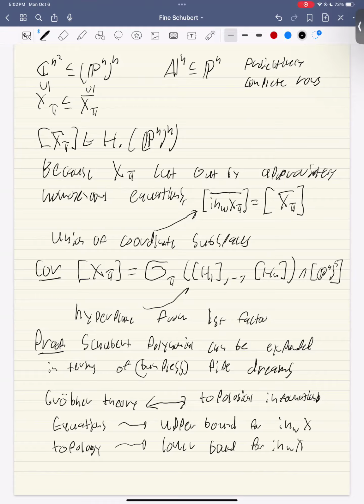So often when people prove theorems like this is a Groebner basis for whatever ideal, they write down the obvious polynomials, and then they produce a topological lower bound, and the bounds match. And then you know what the initial degeneration is.